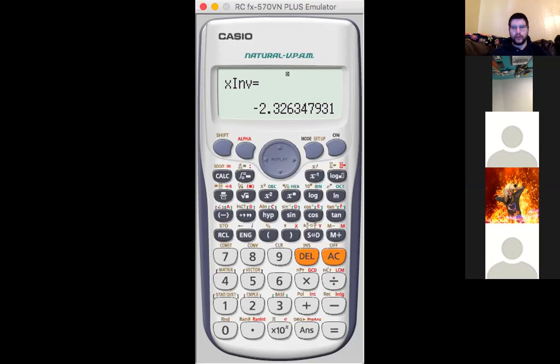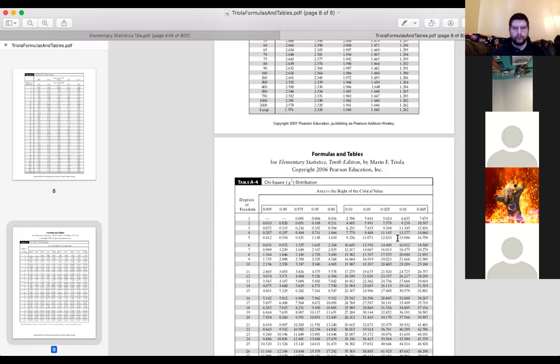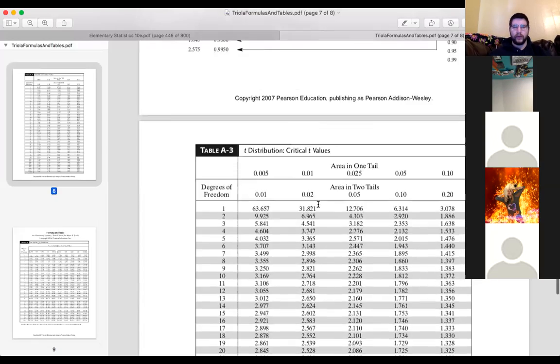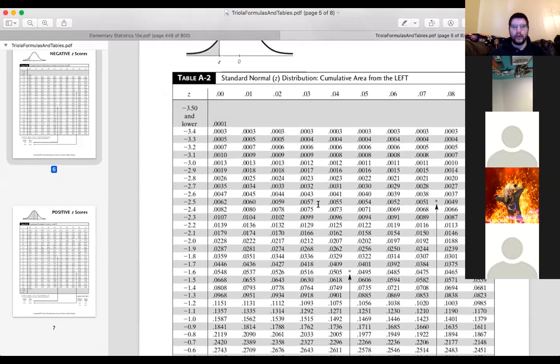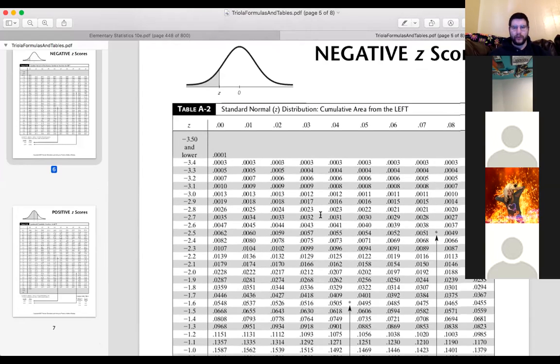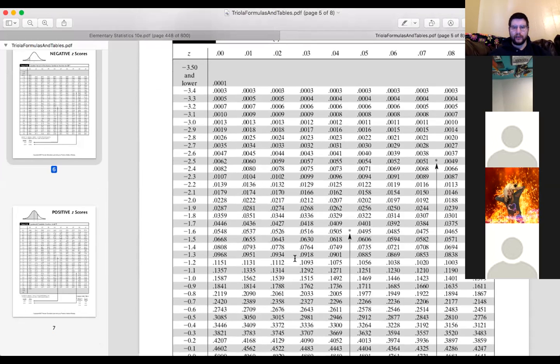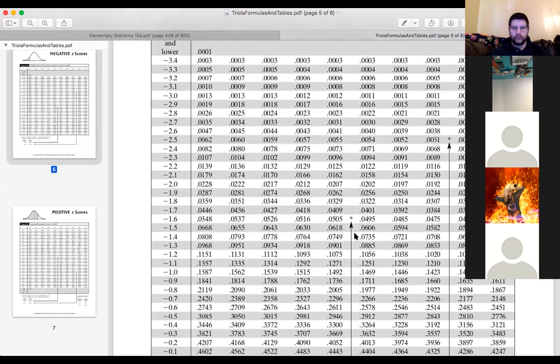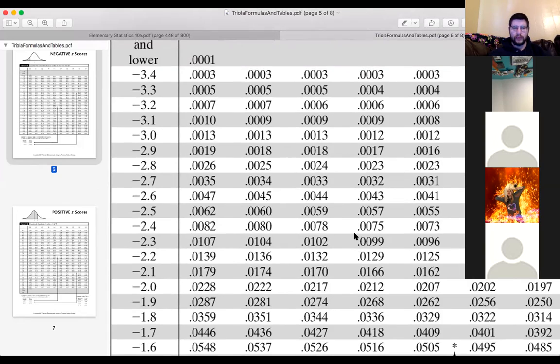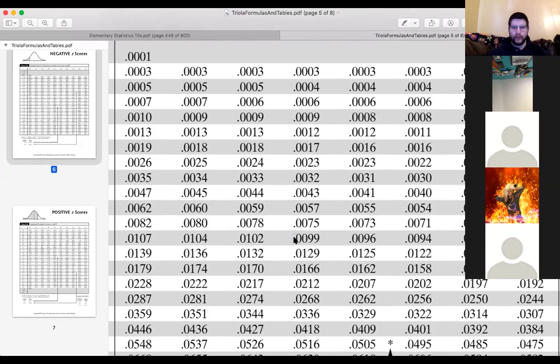Now, if you wanted to use the chart, we're going to use this Z chart, and we look up 0.01 inside the area. So we get whatever's closest to that. Here we go. 0.0099 is the closest thing we're going to get to 0.01.